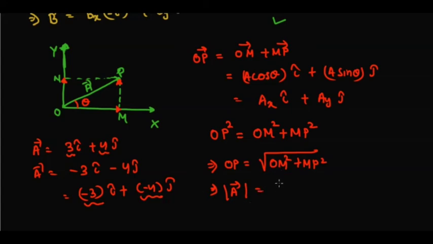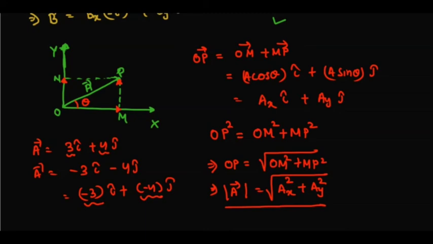OM is the magnitude of the x component, or Ax. So OM square will be Ax square, plus MP is the magnitude of the y component, or Ay, so MP square will be Ay square, and then you give the square root symbol. It means the magnitude of vector A is the square root of Ax square plus Ay square.